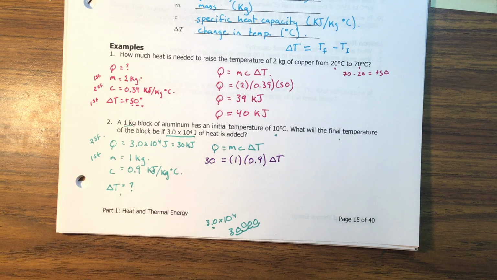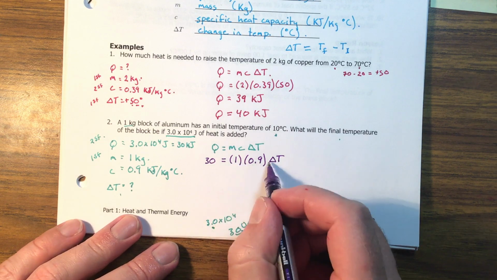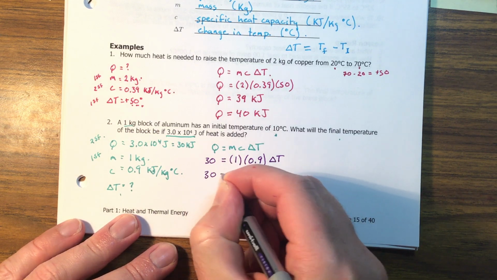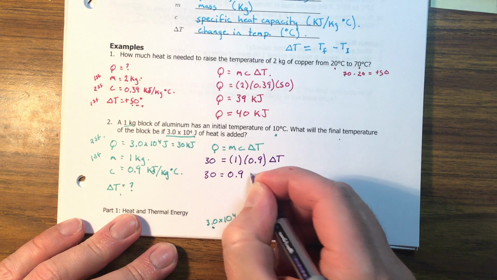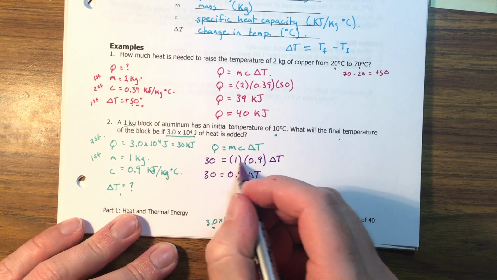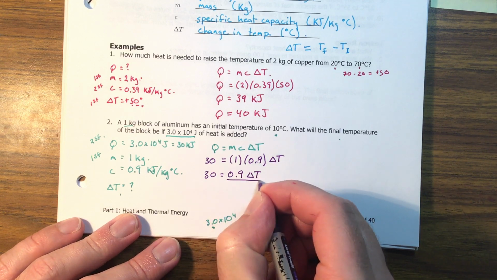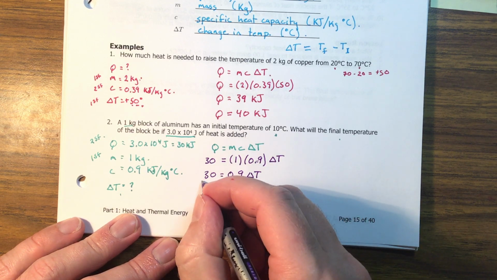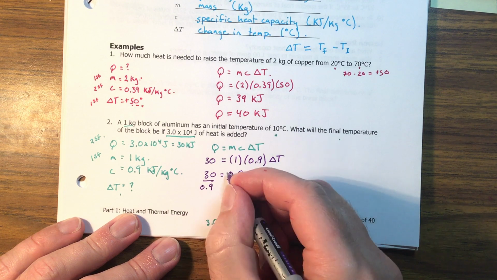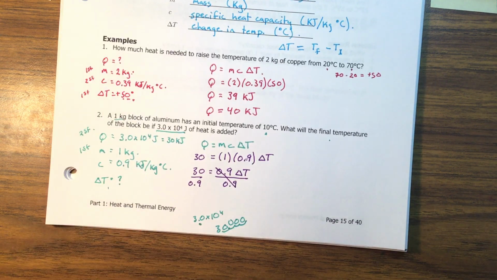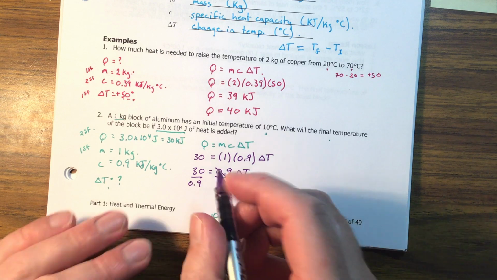Okay, so now we have a simple algebra equation. So we simplify our right side. 30 is equal to 0.9 delta T. I multiplied those two together. Now we need to isolate our delta T. Divide both sides by 0.9. Those two will cross out. And we do 30 divided by 0.9, 33.33333.